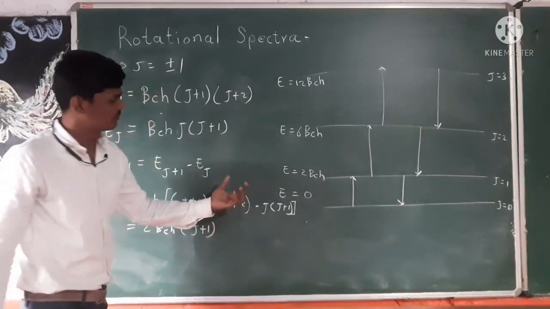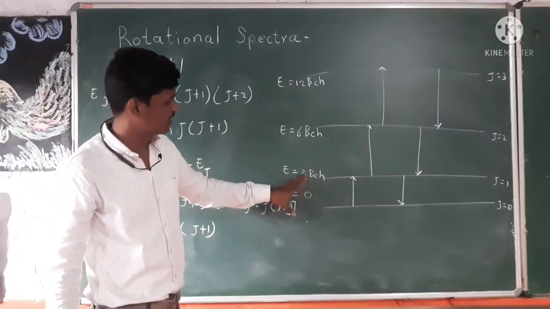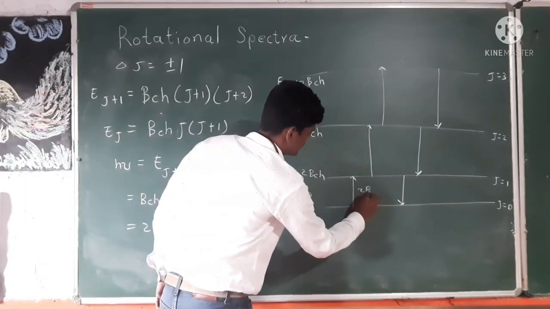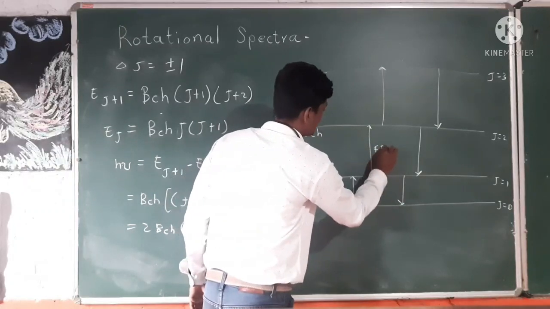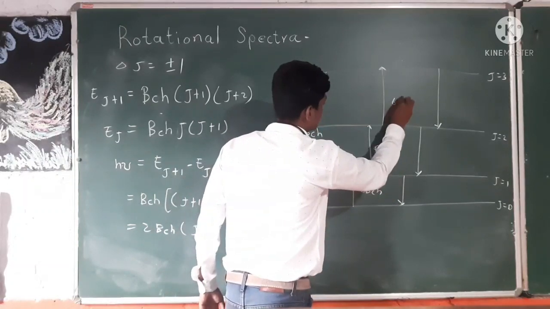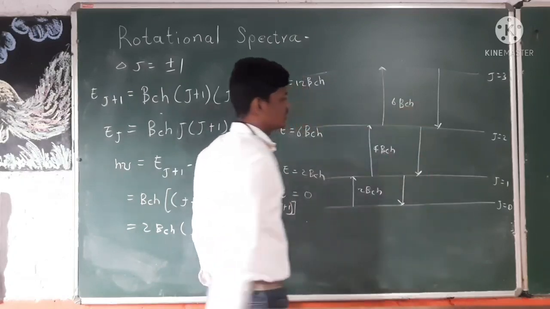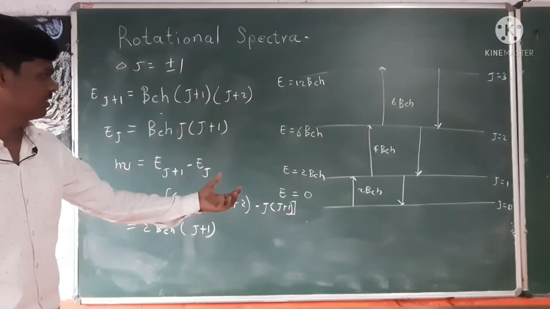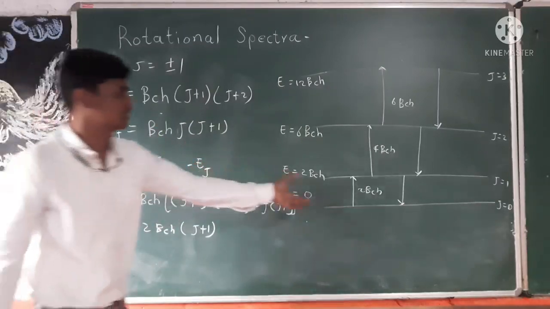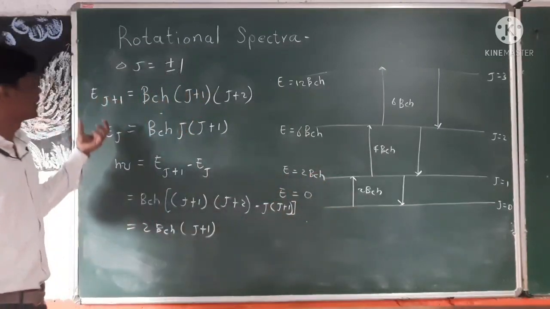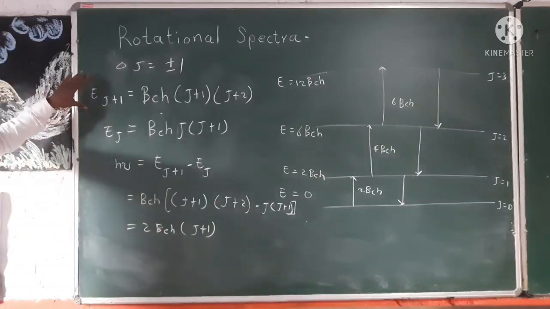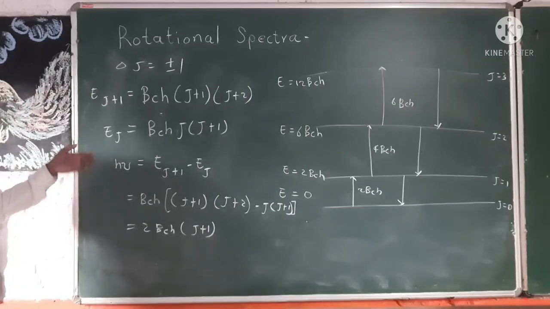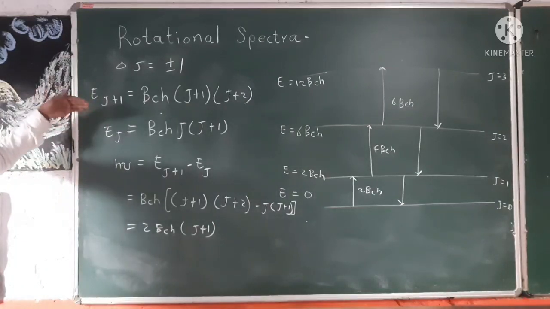Now from this diagram we can see the difference: here 2 BCH, here 4 BCH, the difference between two adjacent energy levels of the rotational spectrum. Now in mathematical form, here is the J level, the lower level, and then the corresponding adjacent higher level.